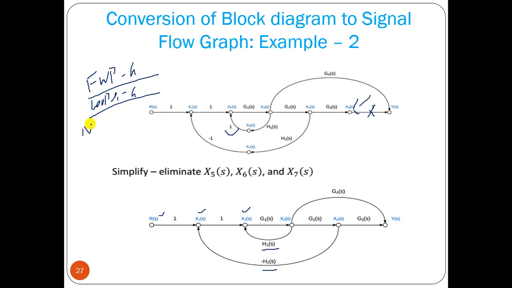Then we can find non-touching loops and their gains, and non-touching loops with forward paths, that is, which loops are non-touching with a forward path. These are the criteria that we have to find from the signal flow graph.